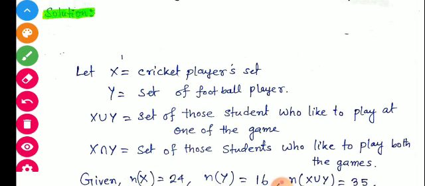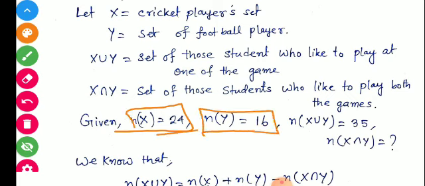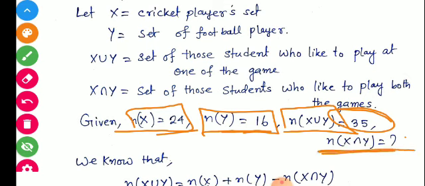So n of X is 24, that means cricket, n of Y is 16, the set of football, and n of X union Y, that means at least one of the games, is 35. And we have to find out how many students like both the games.